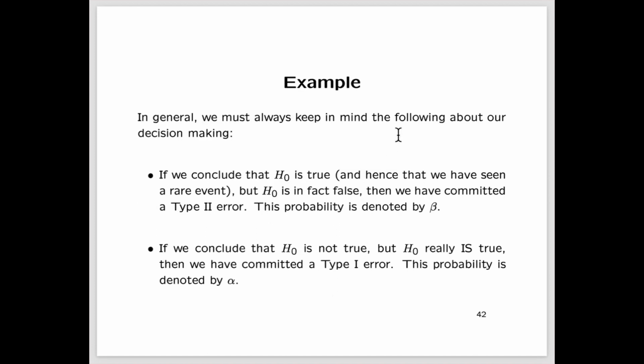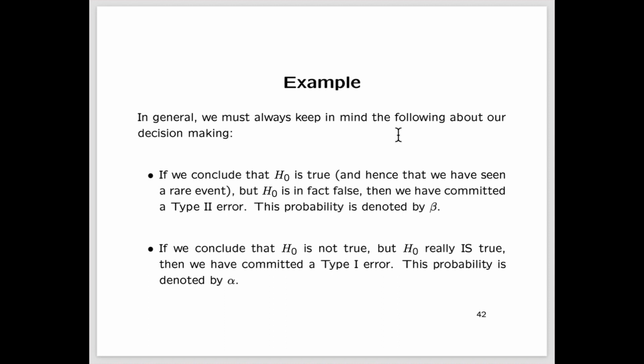Now, in general, we must always keep in mind the following about our decision making. If we conclude that the null hypothesis is true, and hence that we have seen a rare event, in other words, if we observe an extreme or unusual or unlikely value of X bar, but choose to still hold on to the belief that the null hypothesis is true, but the null hypothesis is really false, then that's an inferential error of the second kind.